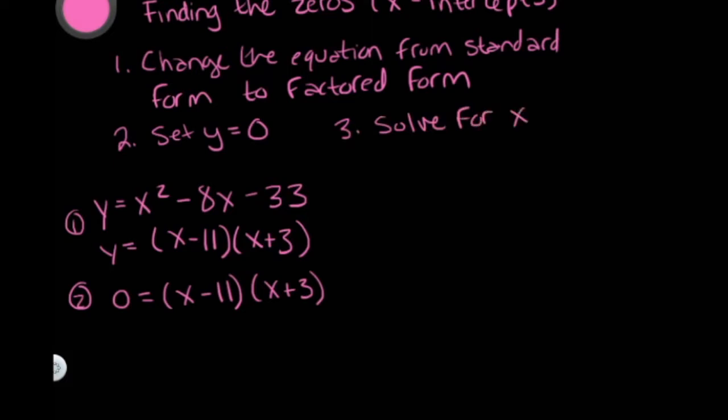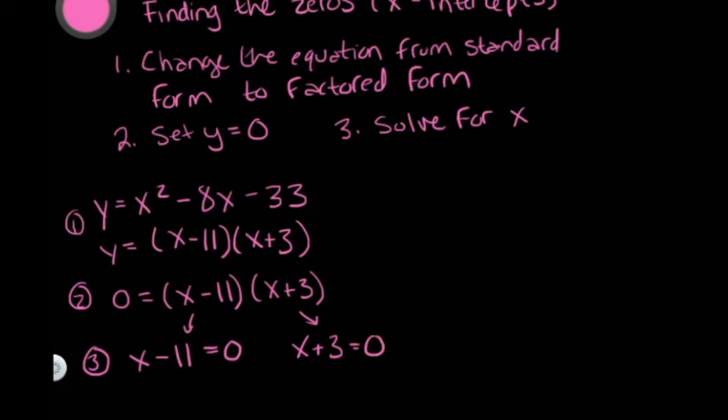So step 3, what I'm going to do is for each of these, I'm going to set my y equal to 0. So I have x minus 11 equals 0. That's one part of it. The other part is x plus 3 equals 0.